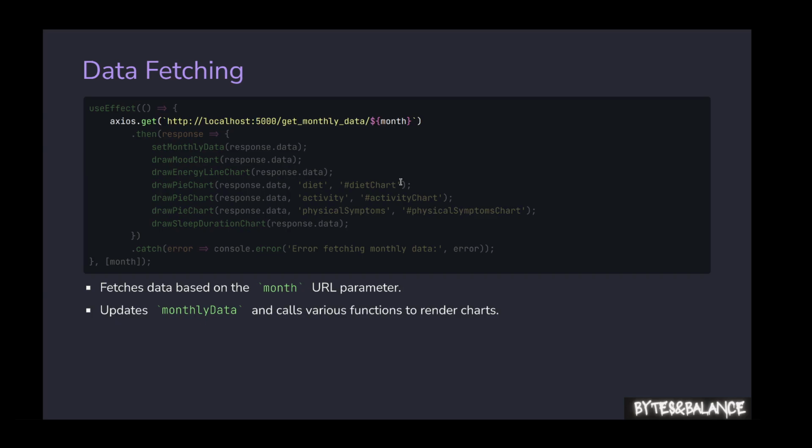This call sends a request to the server and returns a promise. And once the data is retrieved and the response was successful, then we have all these draw charts: mood chart, energy line chart, pie charts for different types of data, and sleep duration.